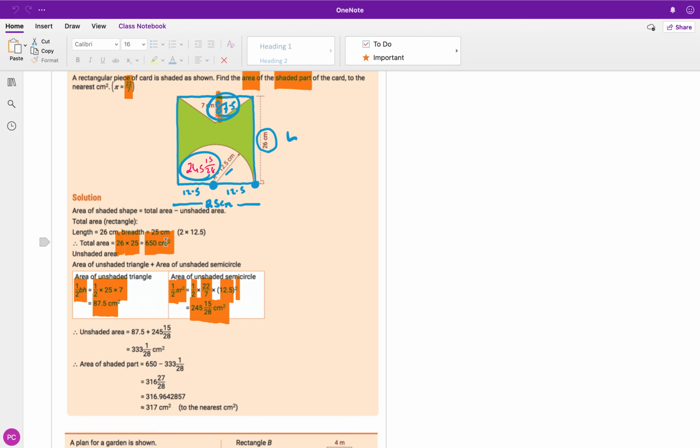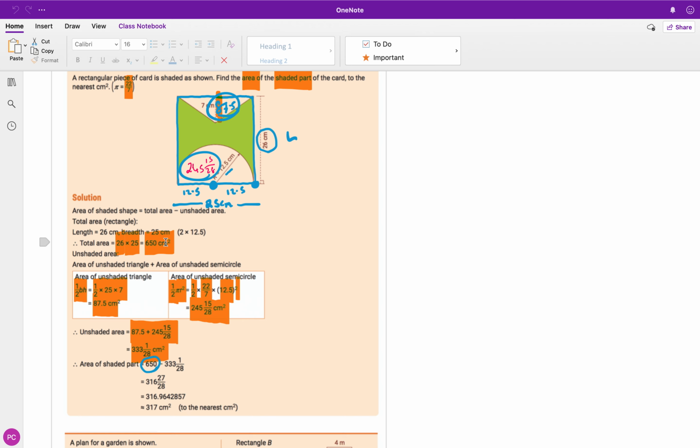So let's work out the area of the unshaded region. Well, let's add our two answers together: 87.5 and 245 and 2/8. There's the area of the unshaded region, so the area that's not green. And then to find the area of the bit that is green, well, we worked out earlier on that the area of the whole thing was 650.